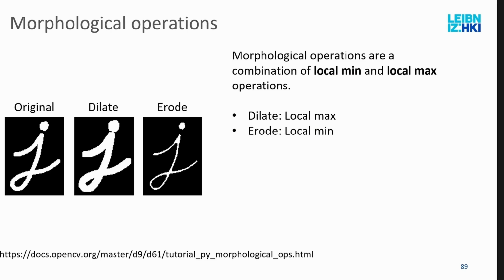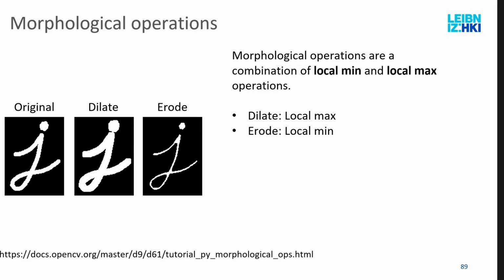One of those is the morphological operations. When you look them up in tutorials online, you find an image like that, where you have an original image and then a dilation operation. What it is actually is just a local maximum. It literally takes an area around each pixel, and this pixel gets the maximum value within this area.